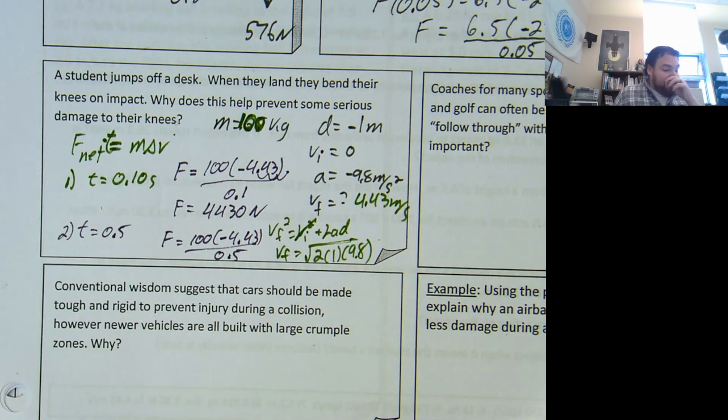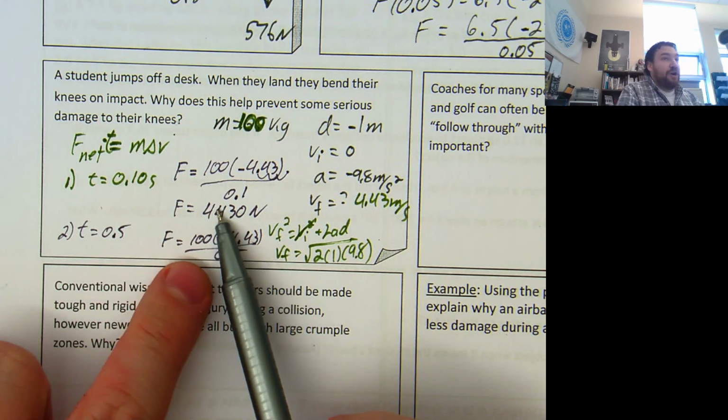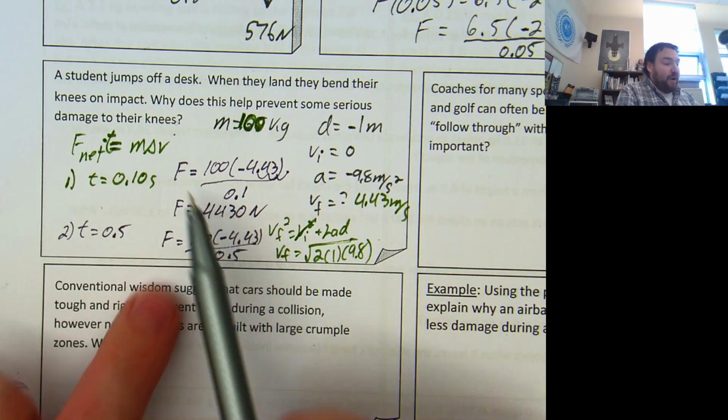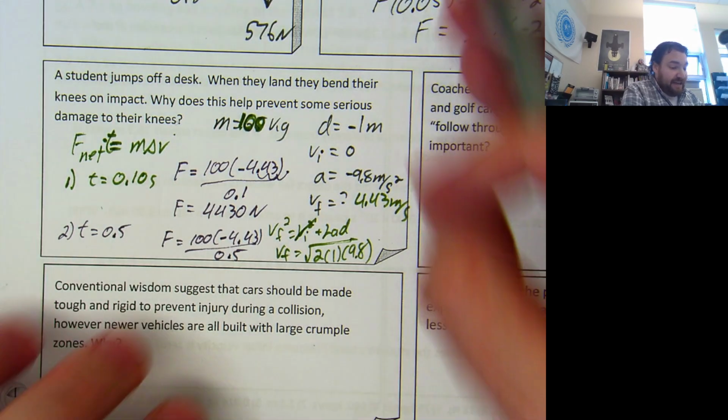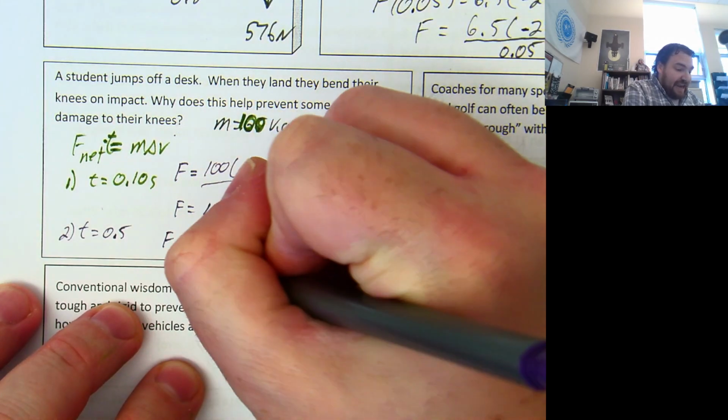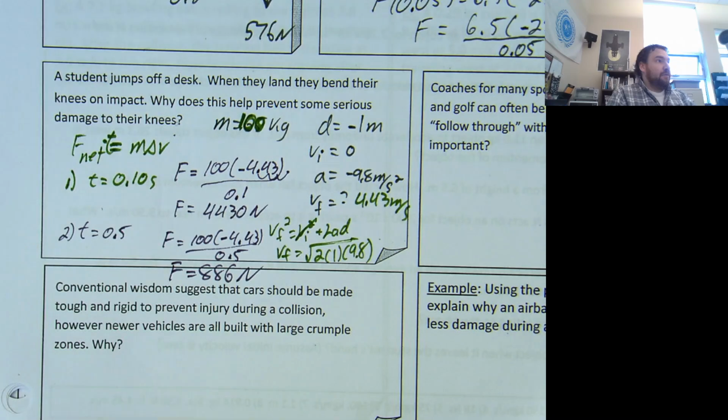If I plug those numbers into the calculator, 100 times 4.43 divided by 0.5, now instead of 4,430 newtons, by going from 1/10 of a second to 1/2 a second, that number drops down to 886 newtons. 20% of what it was to start.